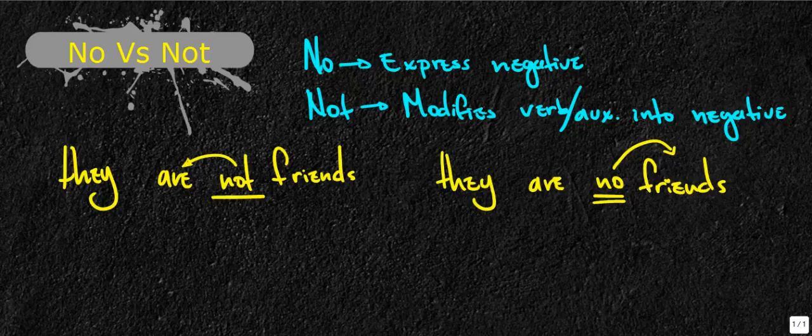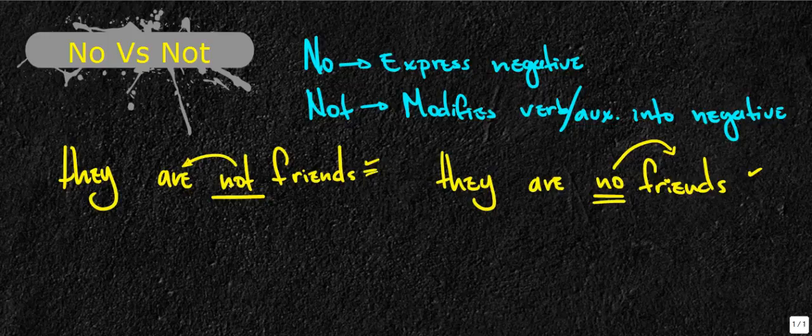Now, here is where the difference is confusing, because in the end, the first sentence, they are not friends, and the second sentence, they are no friends, express the same idea. Now, this second sentence is not very common, and the first is a little bit more common, so usually people go with the first sentence.